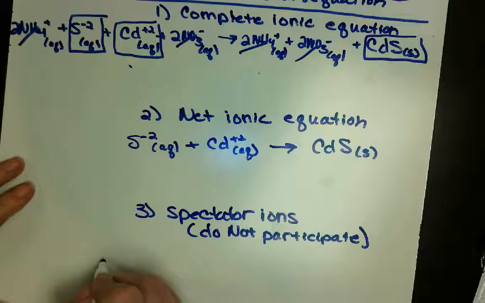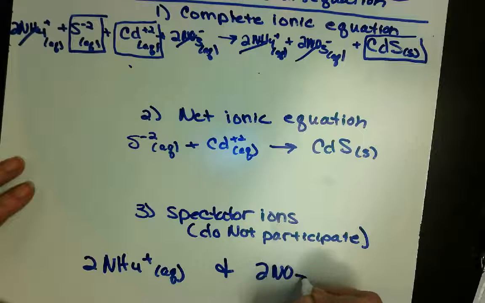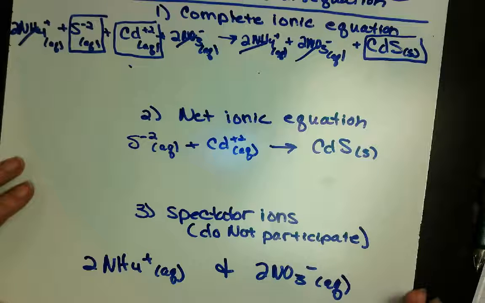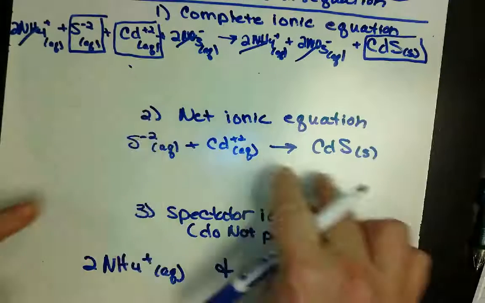So our spectator ions are 2 NH4 plus, and they're aqueous, and 2 NO3 minus ions. So that is how we do our net ionic equation. So lots of pieces here. But you know how to do all this. So trust yourself. Circle the solid, figure out what made it. That's your net ionic.